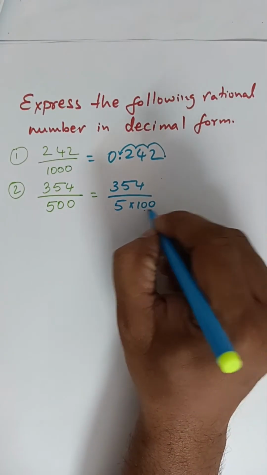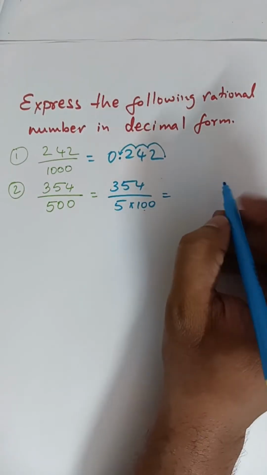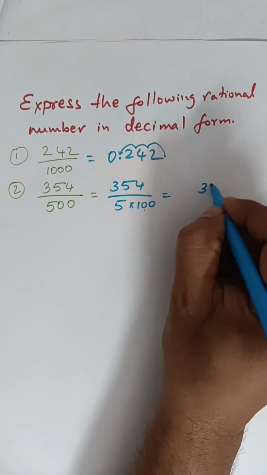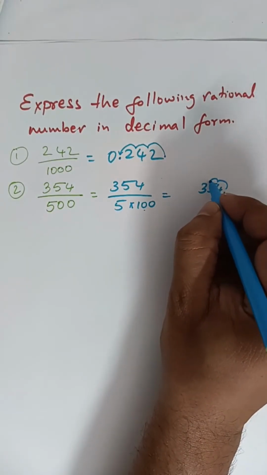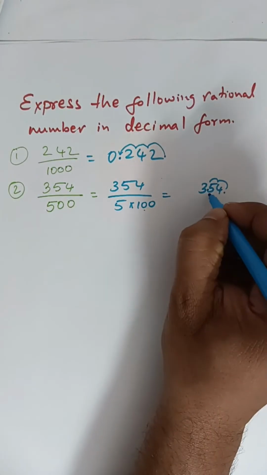Now how many zeros are there? 2 zeros. So first 354, now from here count 1, 2. Put the decimal here. So it becomes 3.54 by 5.